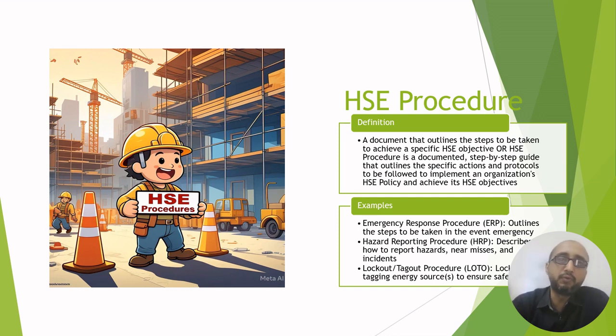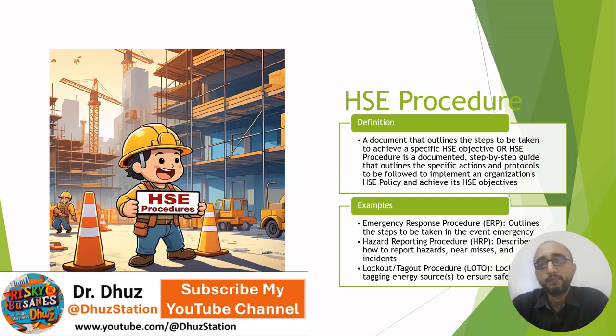Then we say that we need an evacuation plan, so we develop it. Then we say that we need A, B, C, D, E equipment or installations to fight the fire. Then we need to train our people, etc. This way, step by step, we tell all the actions or guidelines that we are going to take to meet that requirement. So basically the procedure is the document in written form that is developed to achieve our goals and objectives mentioned in the HSE policy.